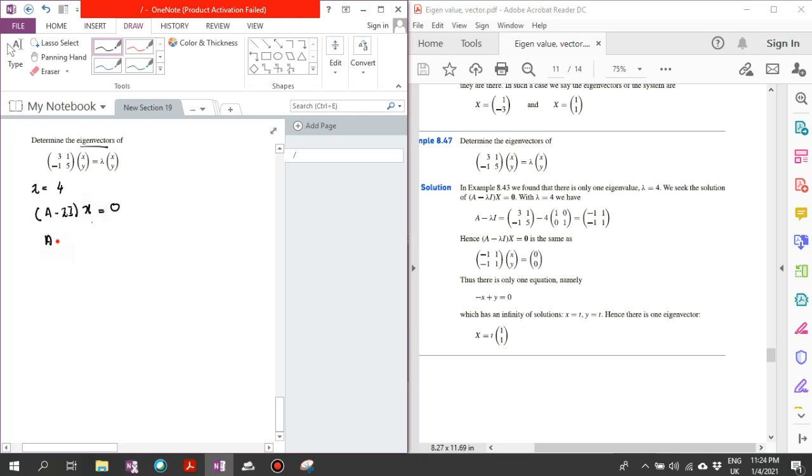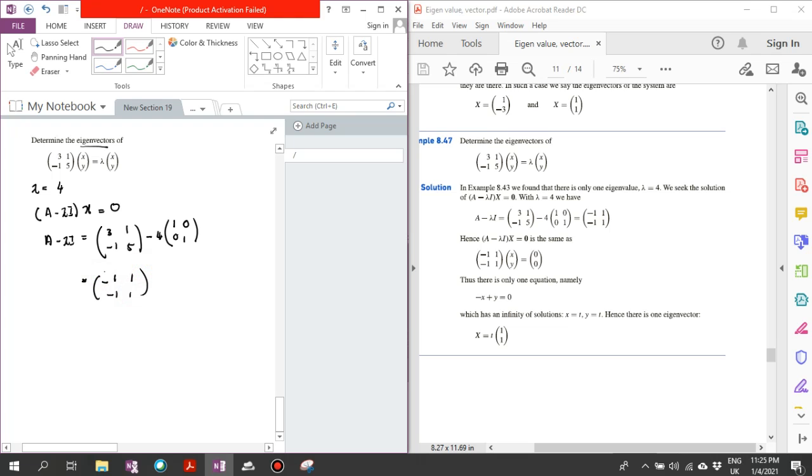So A minus lambda I is equal to your main matrix, minus your lambda, which is already known, 4, the eigenvalue, times the identity, 1 0 0 1. From here we can calculate and we get the solution of -1 1 -1 and 1.